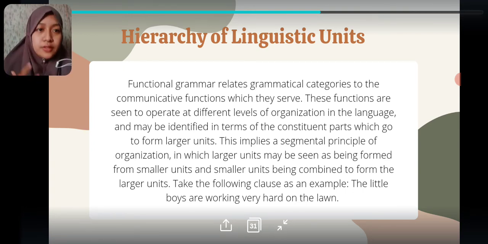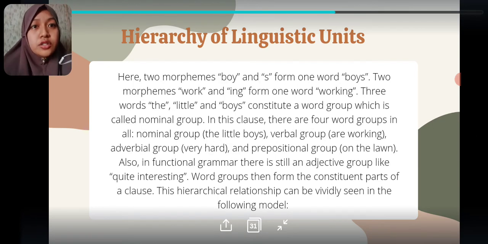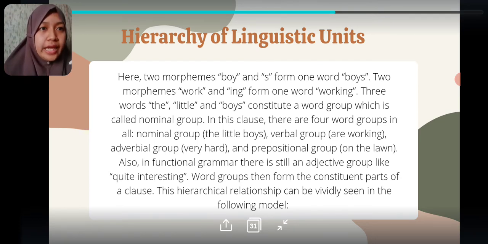Take the following clause as an example. The little boys are working very hard on the lawn. Here, two morphemes, boy and s, form one word, boys; two morphemes, work and ing, form one word, working; three words, the, little and boys, constitute a word group which is called a nominal group.